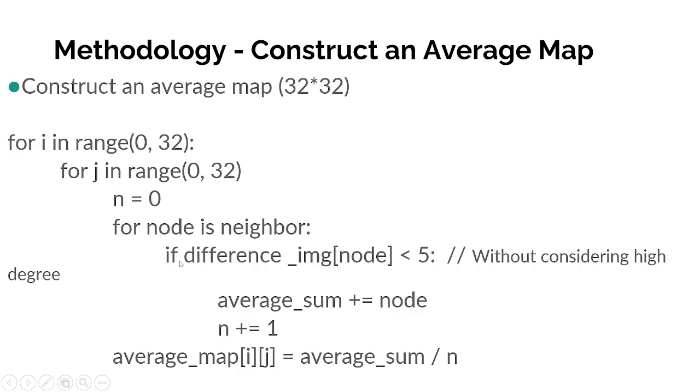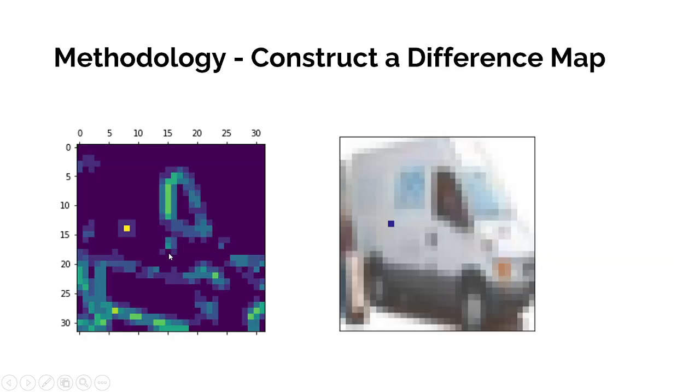So by this way, he just adds an if condition. We only consider the pixels without a high degree. The high degree means like this. This will have a very big difference from the neighbor pixels.